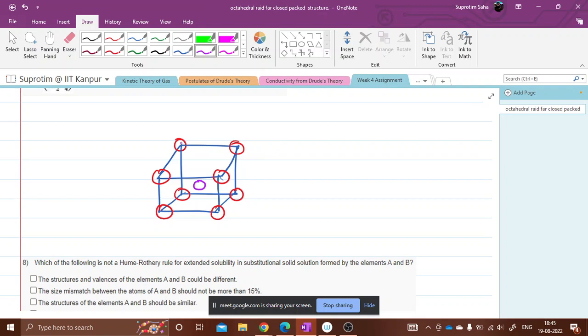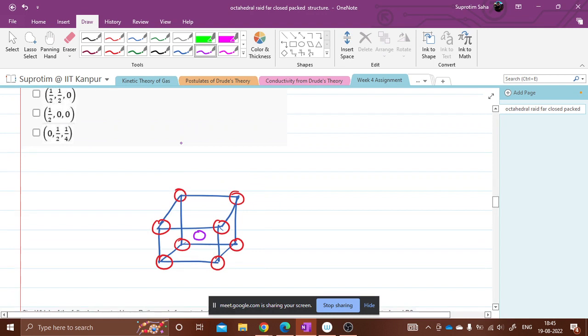So for the octahedra, you have to take help of the adjacent unit cell also, because the atom that sits at the center of the adjacent unit cell will help in forming the octahedral structure. And what you do is simply join it and you'll get the octahedral structure, right?